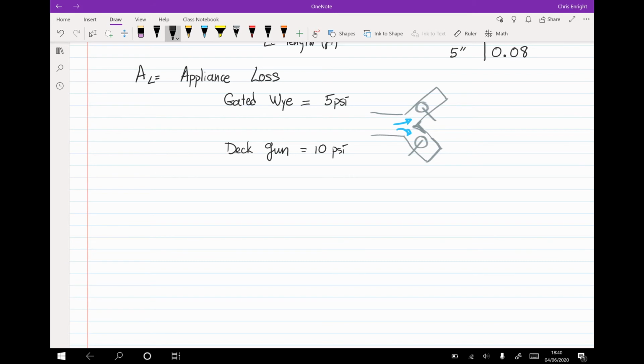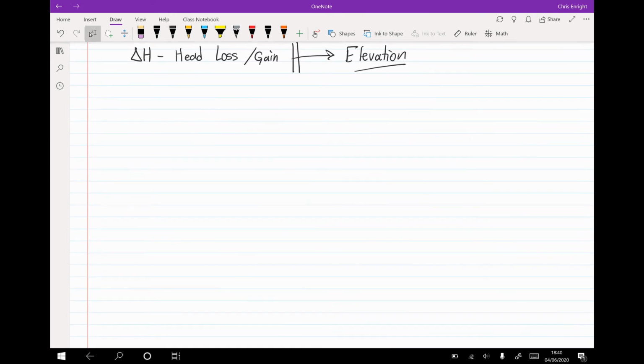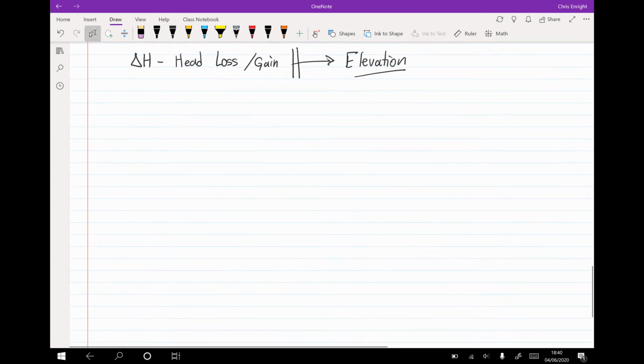Okay, so last factor that's still important, delta H, head loss or gain. This is all a factor of elevation. So what does this mean? Or how do we get here?